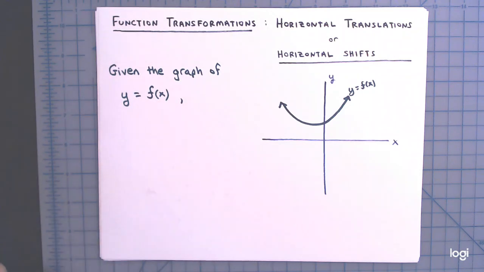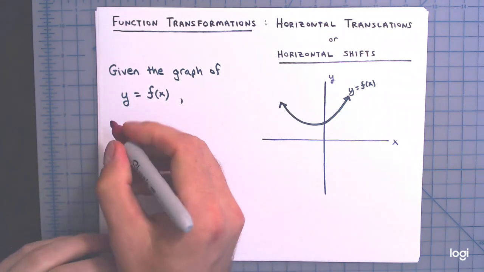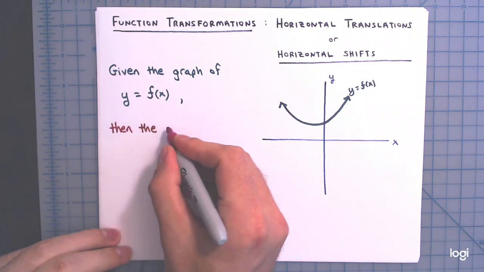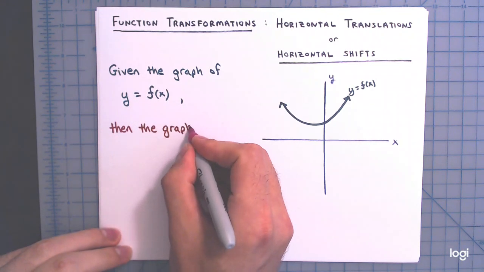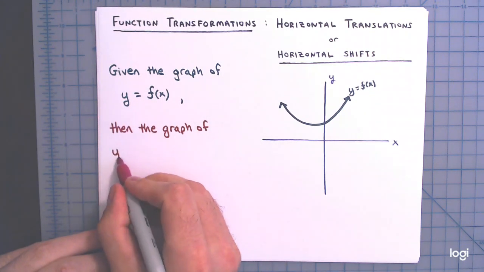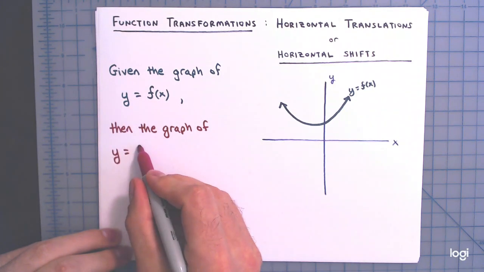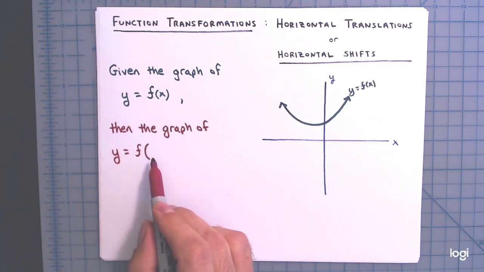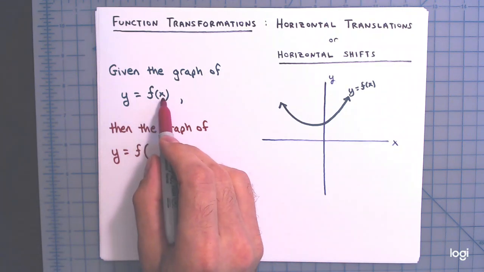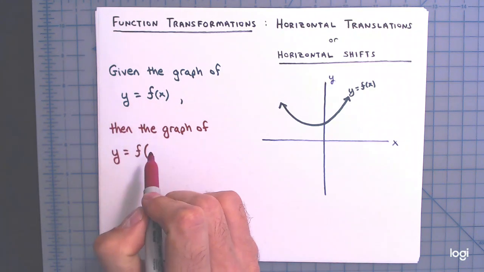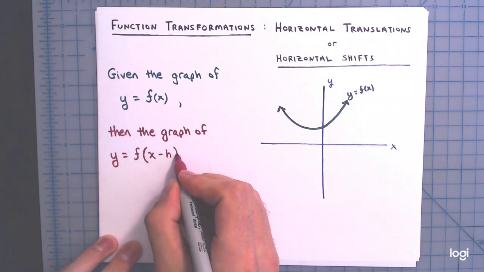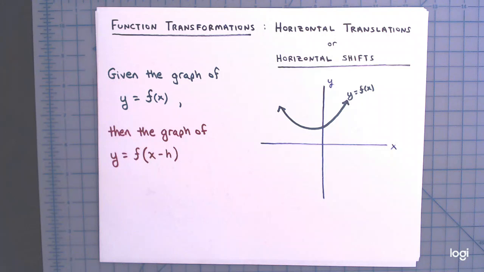So if we're given the graph of y equals f of x, then the graph of y equals f of, and inside the parentheses I'm going to be replacing the x in my original expression with x minus h, where h is some real number.